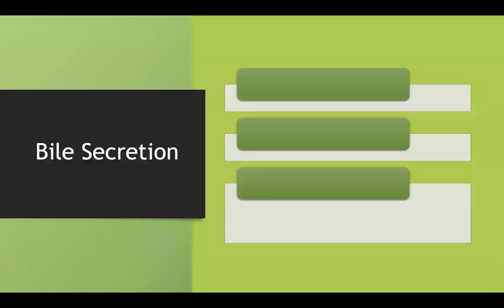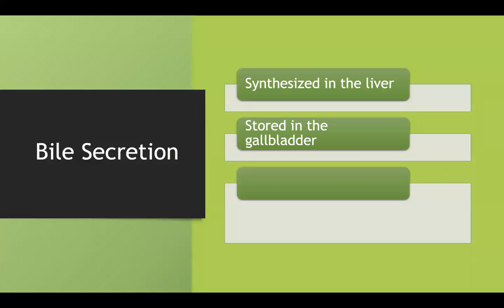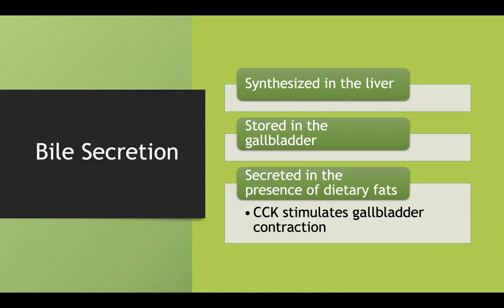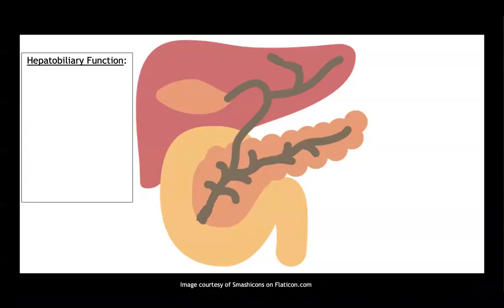So how is bile secreted? Bile is synthesized in the liver, and after it's synthesized, most of it is sent directly to the gallbladder. And then once the gallbladder is activated by things like cholecystokinin, the gallbladder will contract. So that looks like this.